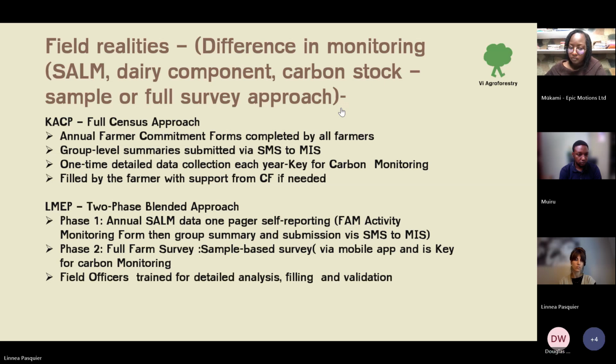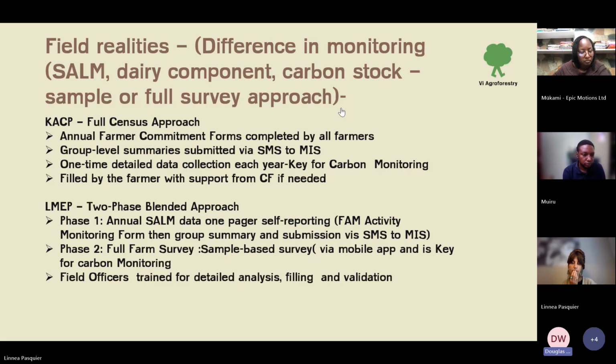Another thing to note is that these forms are actually filled by the farmer, and maybe in some cases the CF can come in to offer some support. So for the KACP, we go for all the farmers. They fill the farmer commitment form, the information is summarized into group level summaries sent by SMS to the MIS, and that information is key for carbon monitoring.